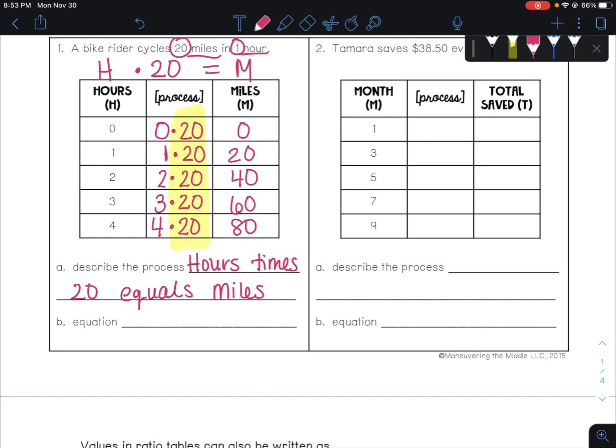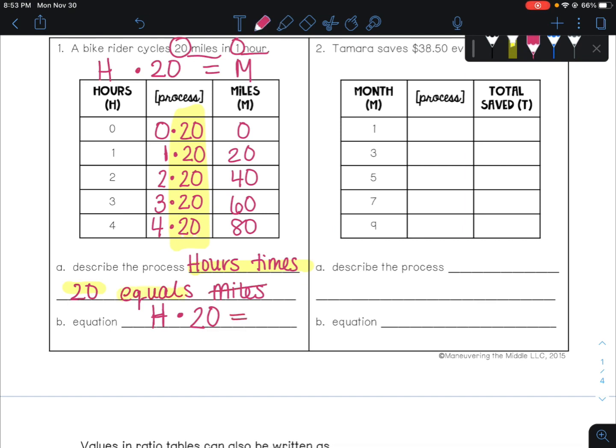And then to translate that into math, we just use our variables, a letter instead of a word. So we want a letter that's standing for hours. We have one right here. We're going to use H. And we know to write times, we can do a dot and then 20. So H times 20, I translated it to math, equals miles.